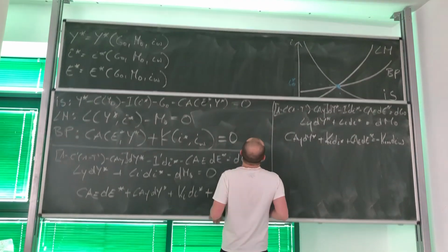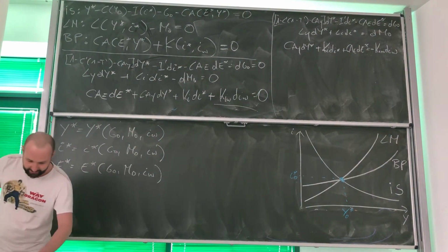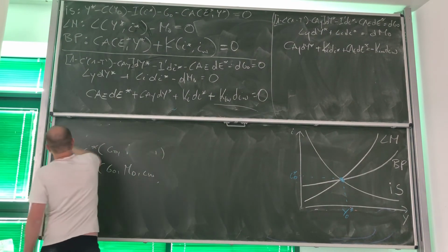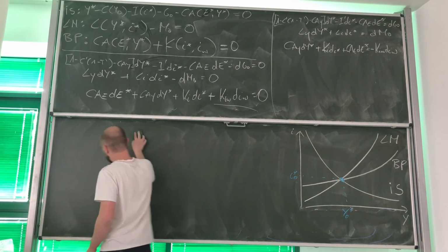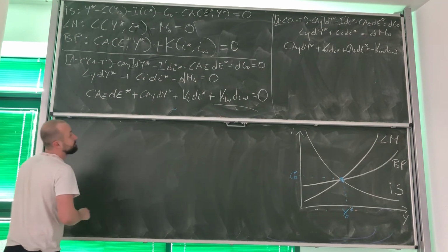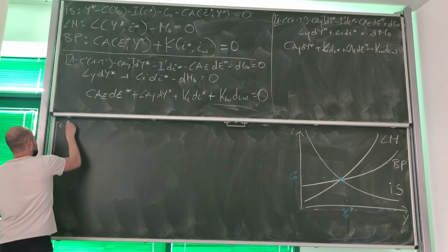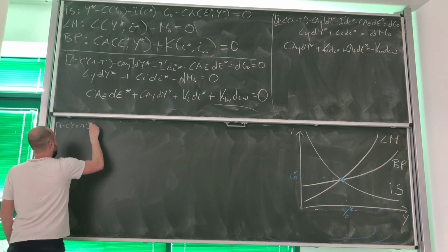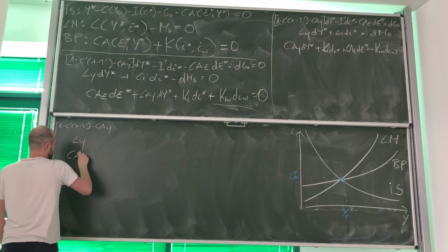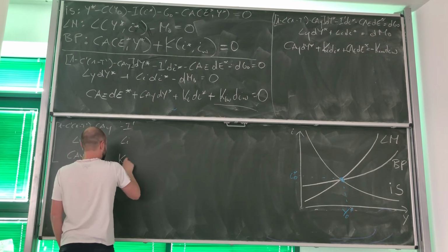Okay, and look, I hope you can see that at this moment we are ready to put this system into matrix notation. So we start with the matrix of coefficients: 1 minus C prime, 1 minus T prime, minus CAY, LY, CAY. Then we've got negative I prime, LI, KI.